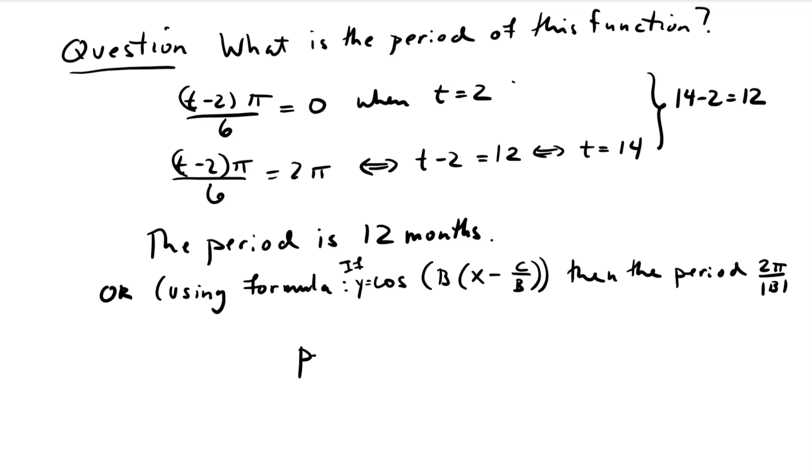So here the period would be 2 pi, and what's b here? B is the thing that multiplies t minus 2, so it's pi over 6. That's 2 pi times 6 over pi, so it's 12 months.